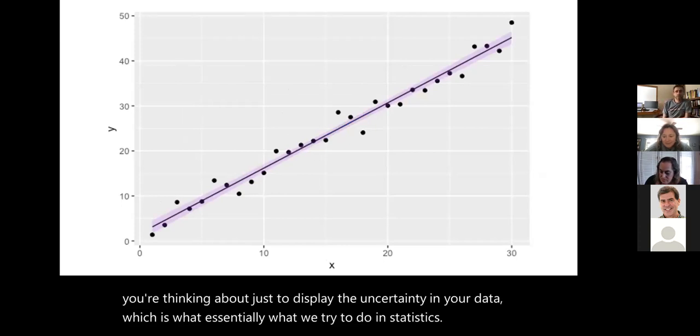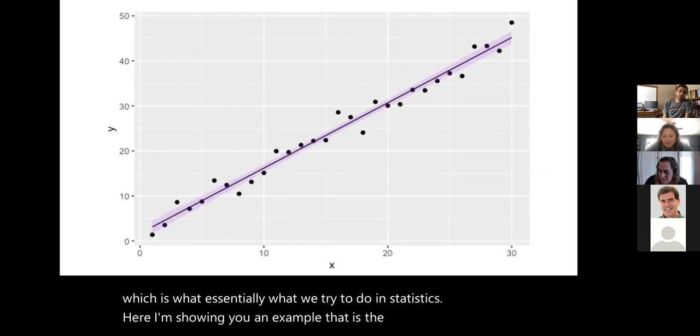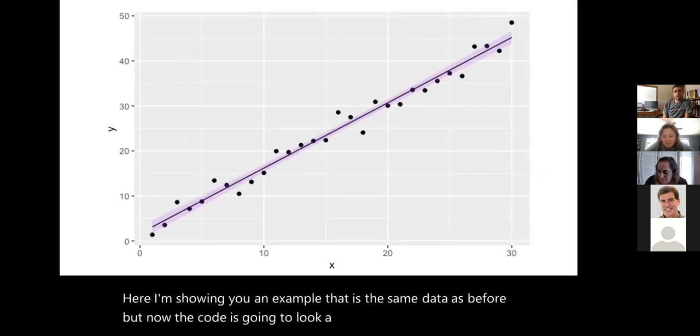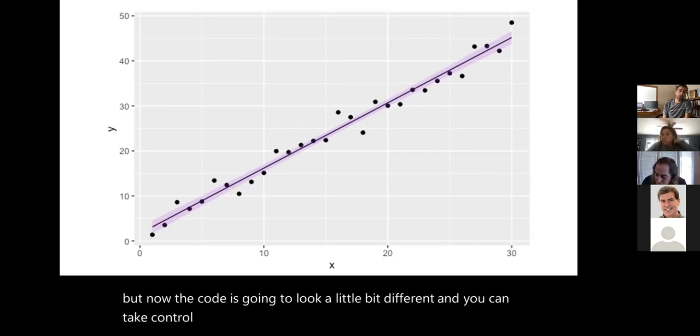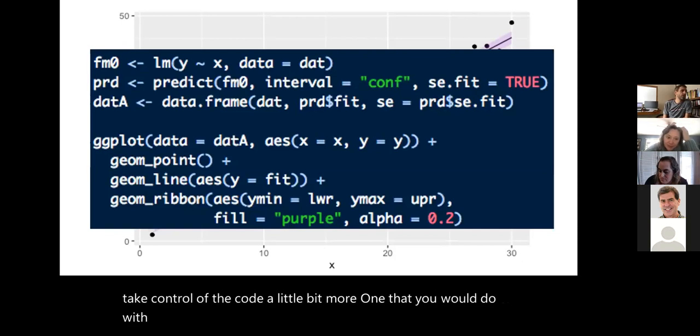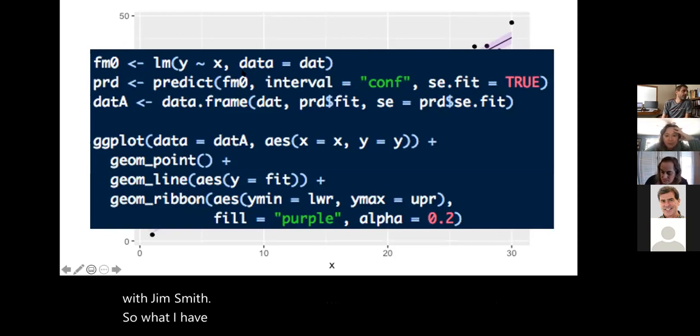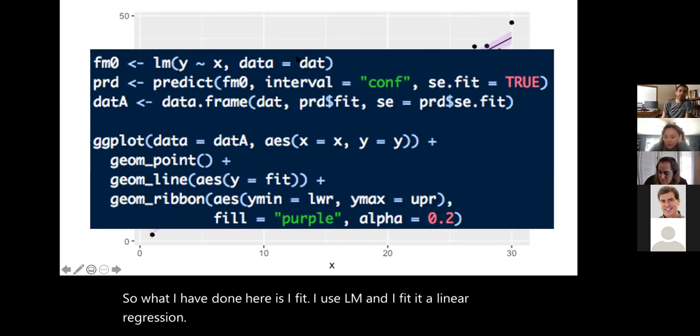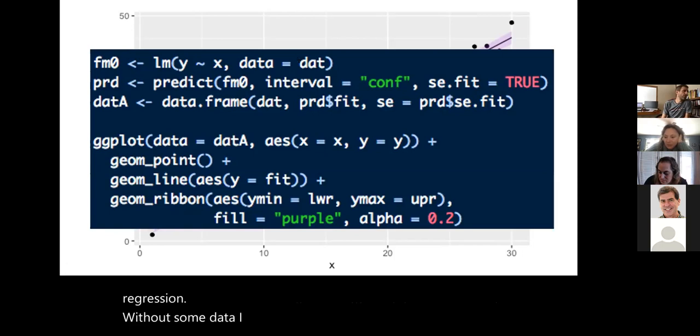Here I'm showing you an example with the same data as before, but now the code looks a little different, and you can take more control of the code than you would with geom_smooth. What I've done here is use lm and fit a linear regression to some data. I can put the code on GitHub later, and I use the predict function.